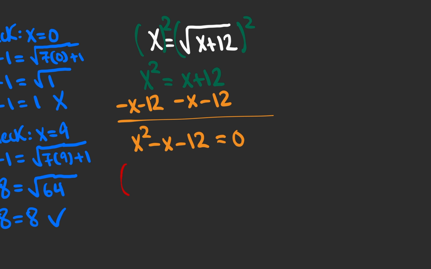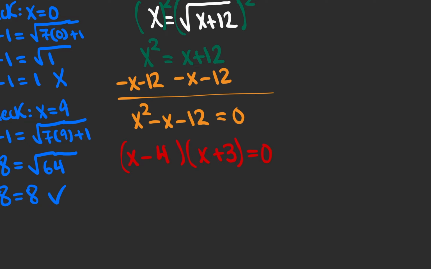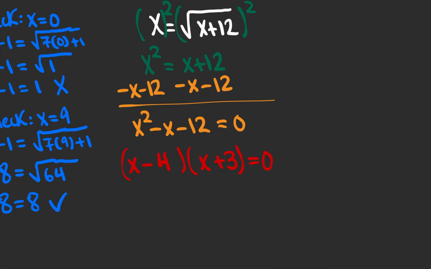Looking at this, the factors will be x minus 4 and x plus 3 equals 0. From there, I set the factors to be equal to 0 to find my solutions, and I have x equals 4 and x is equal to negative 3.